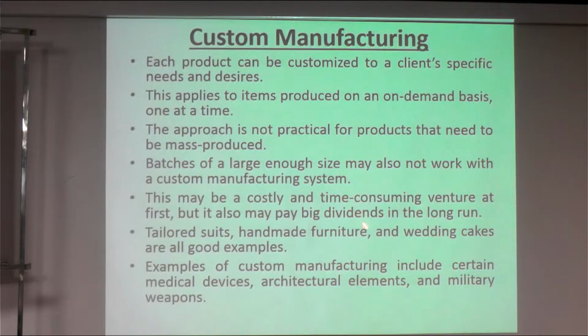This may be a costly and time consuming venture at first, but it also may pay big dividends in the long run. Tailored suits, handmade furniture, wedding cakes are all good examples. Examples of custom manufacturing include certain medical devices, architectural elements, or military weapons. So they are customized.